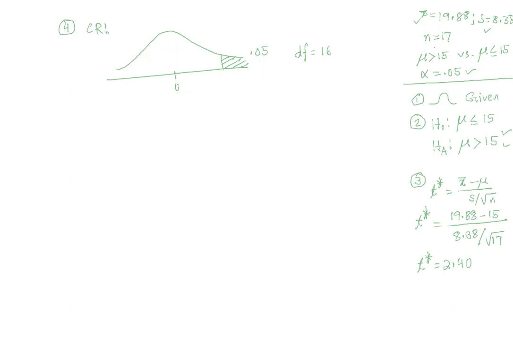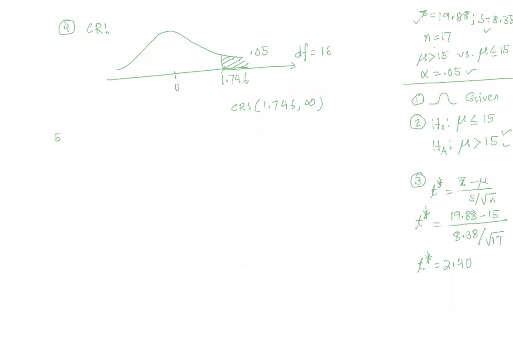You look it up in the table for degrees of freedom 16, and you go to the fifth column, that's going to give you 1.746. So your critical region is everything to the right, 1.746 all the way up to infinity.